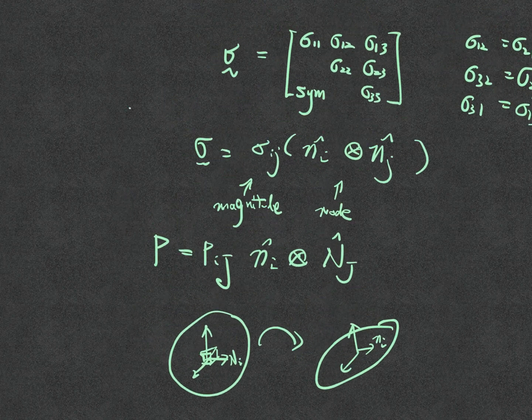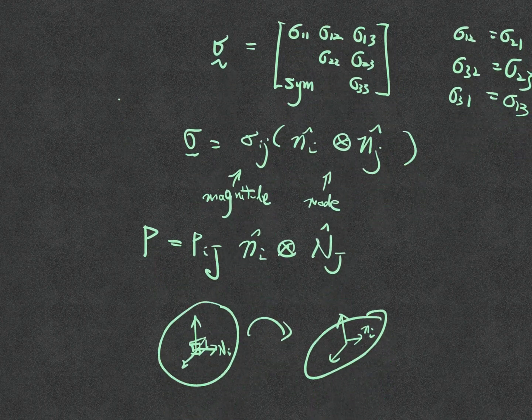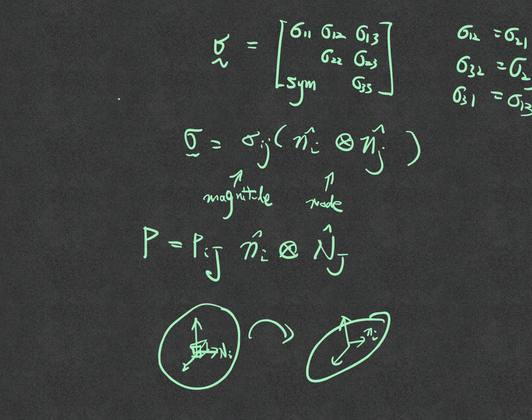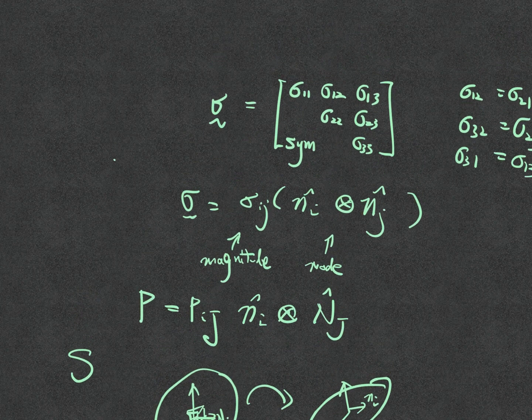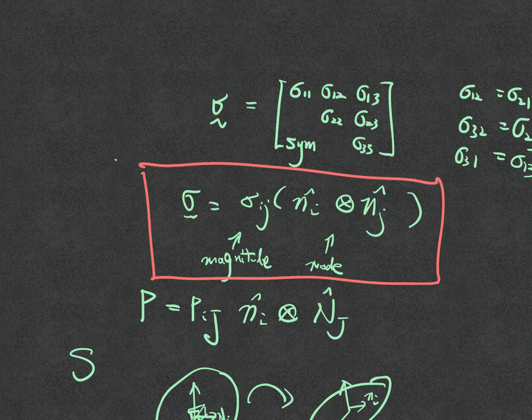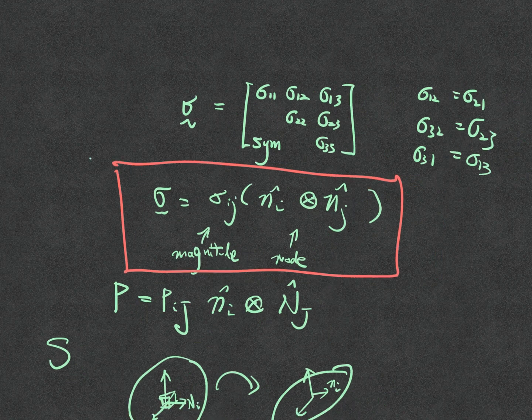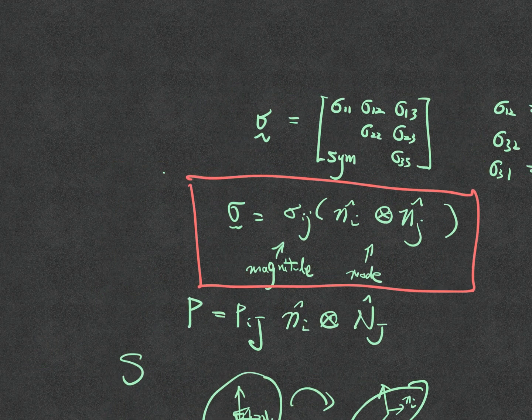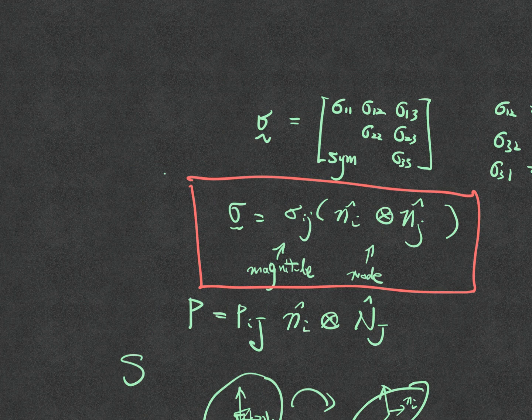Now, there are stresses that are also symmetric, but in a reference configuration, for example, S, the second Piola-Kirchhoff stress. Let me go back to this. For simplicity, I will focus on the stress that is expressed as the Cauchy stress, which is symmetric. Now, what is special about the symmetric tensor?